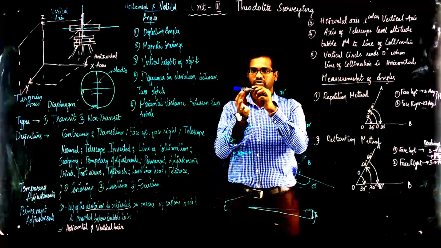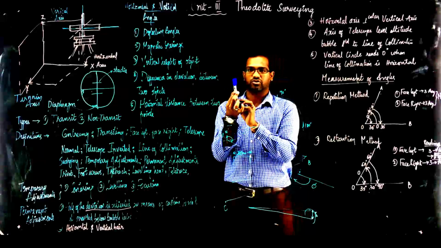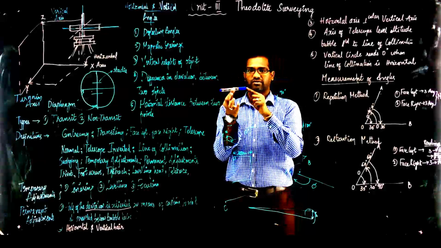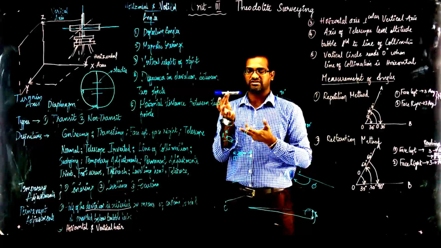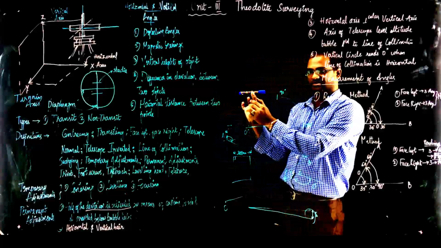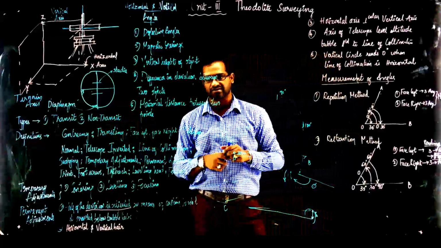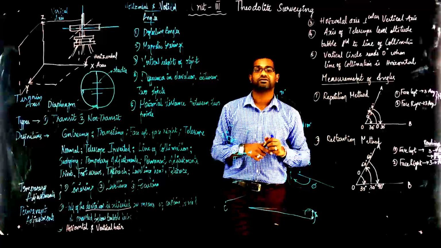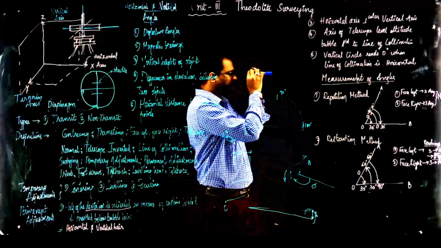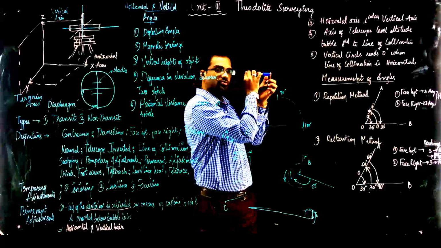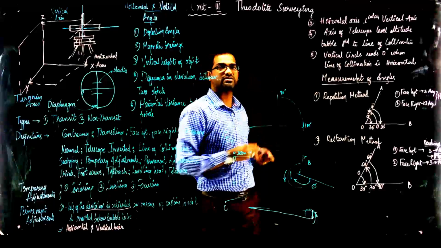If you cannot rotate it, it is fixed, and you can only do something like this. I cannot bring my cap here by rotating because it is non-transit. So that is called a non-transit theodolite, where you cannot rotate the telescope in the vertical plane. Typically, from the eyepiece to the objective, this is called the eyepiece, and the other side is called the objective.